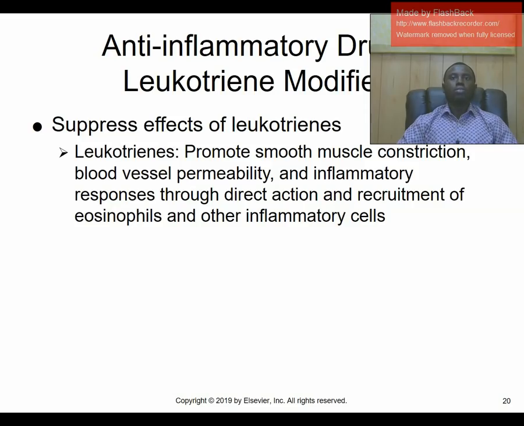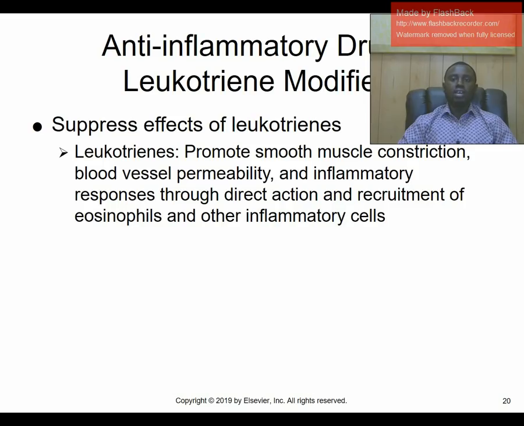And so what leukotriene modifiers do is they reduce bronchoconstriction and inflammatory responses such as edema and mucus secretion. Leukotriene modifiers are not first-line therapy.